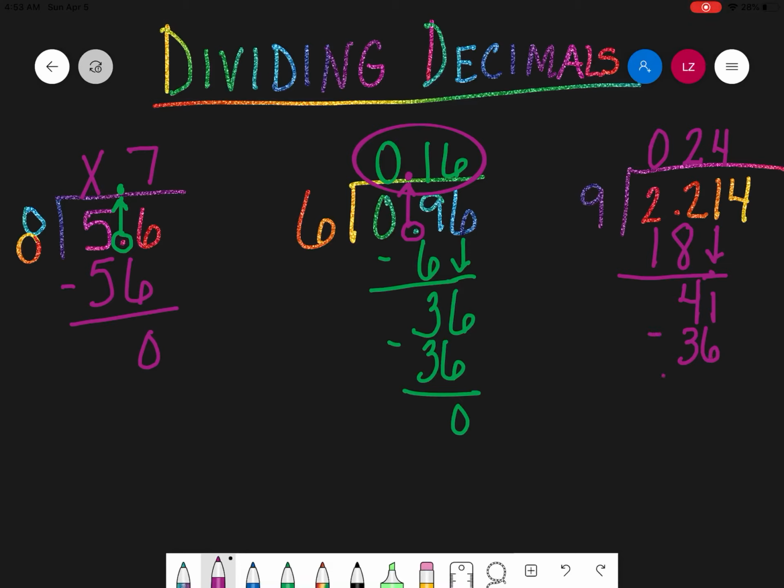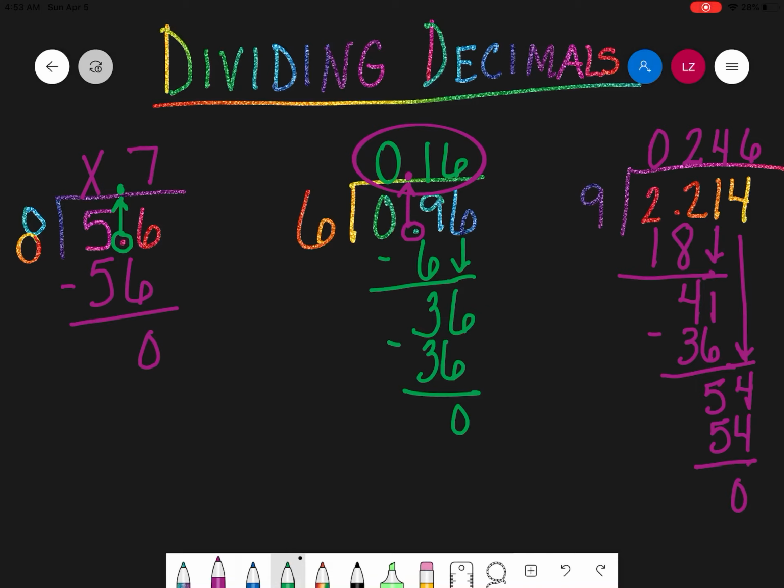We subtract and we get 5. 5 is less than 9, so that's good. That allows us to bring down the next number, which is a 4. 9 goes into 54 6 times. 6 times 9 is 54, and our remainder is 0, and there's nothing left to bring down.